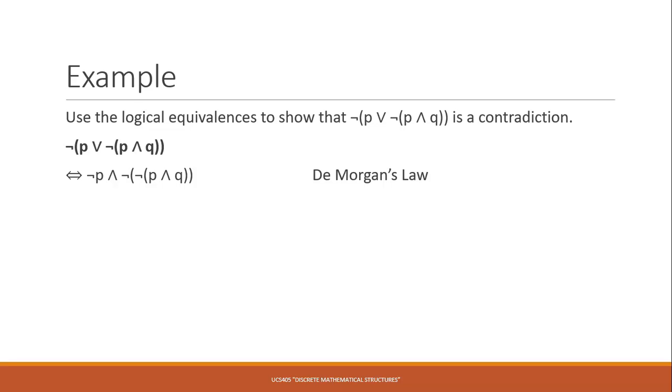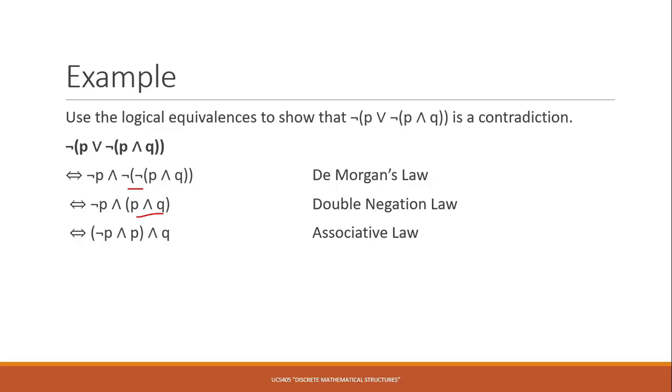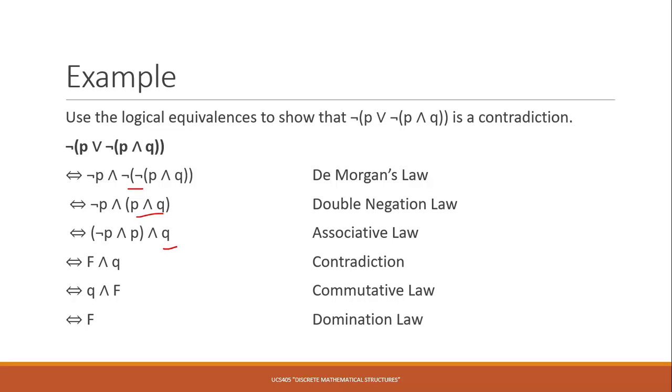First, applying De Morgan's law, negation of P or will be converted to and negation of negation P and Q. When you apply double negation, it will be the expression itself, that is P and Q. Then you apply associative, which gives negation P and P and with Q. When negation P and P are ANDed, we get false and with Q. Applying commutative law, we get Q and with F. When you AND Q with F, you will always get F, that is false. So we have proved that this expression is a contradiction.